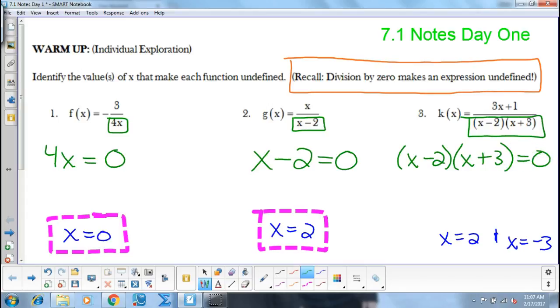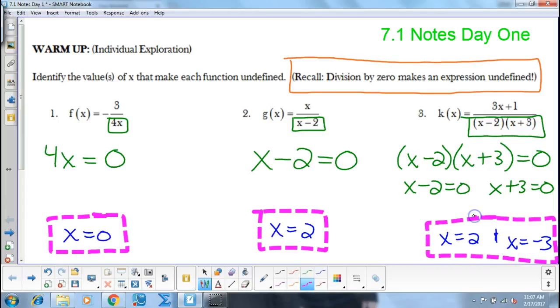And then I'd set each of those parts equal to 0 because of the zero product property. And then I'd get x equals 2 and x equals -3 there. Where the denominator is 0, that's where my function is undefined.